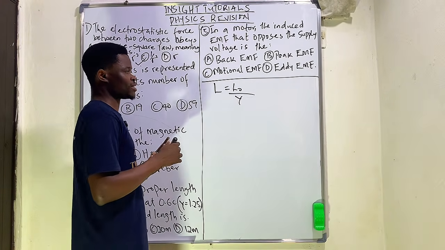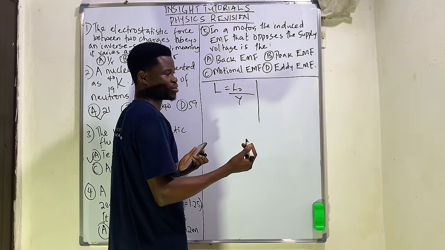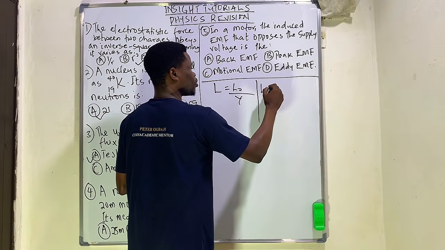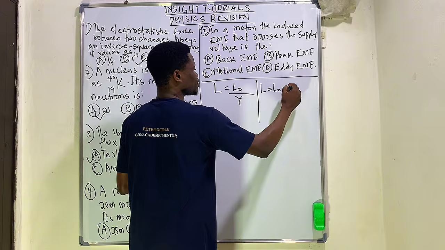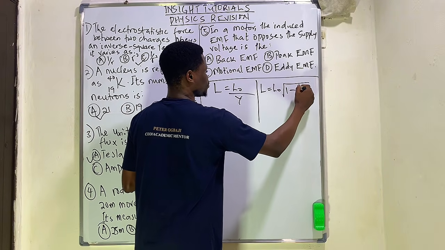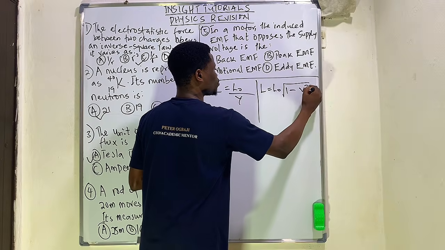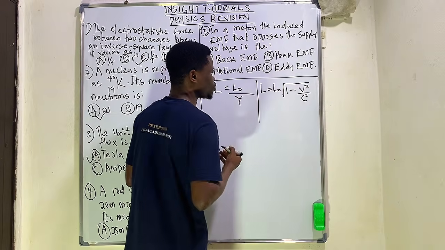Now, there's actually a longer formula that we can use in solving questions like this. We can say that our contracted length is equal to our proper length times the square root of 1 minus the speed squared all over the speed of light squared.